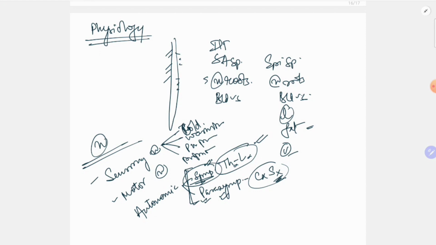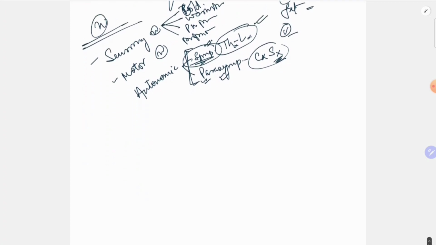Okay, so let's talk about the sensory block that happens. Sensory block happens sequentially. Basically, we are injecting local anesthetic into the spinal cord, near the nerves.